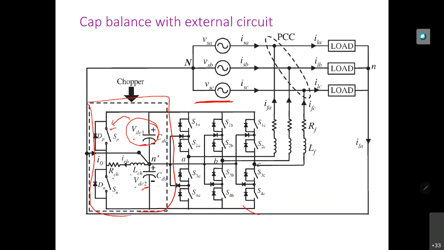Similarly, for the bottom switch, when its voltage is greater than VDC1 and greater than the reference, then it is turned on. Okay, clear? Do you have any doubts on this?